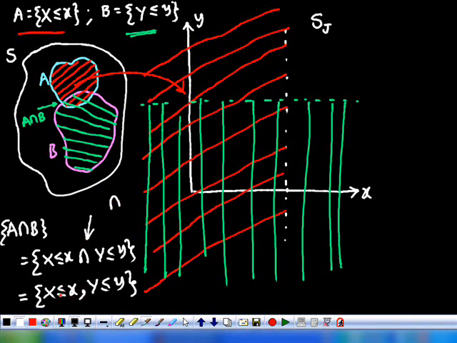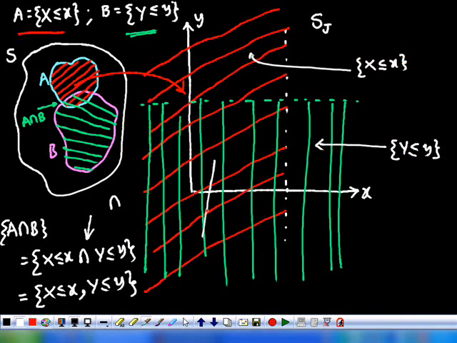The joint event is X less than or equivalent to x and Y less than or equivalent to y. So here this is the event Y less than or equivalent to y, and this is the event X less than or equivalent to x.